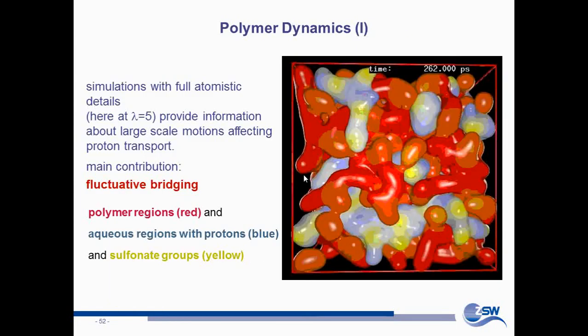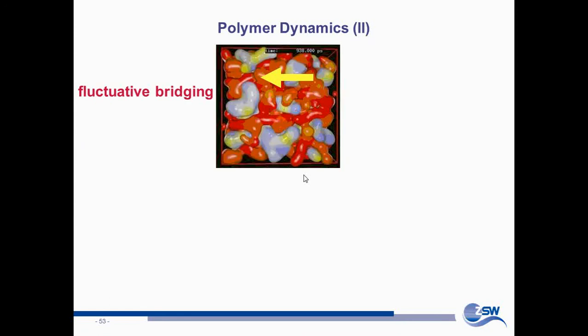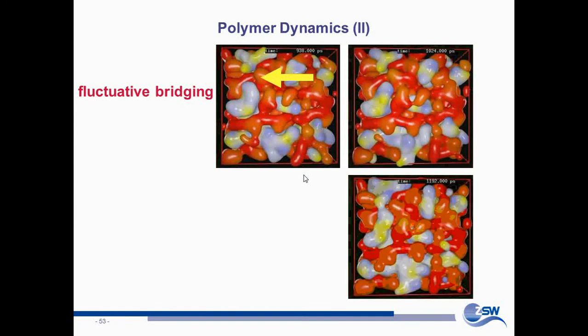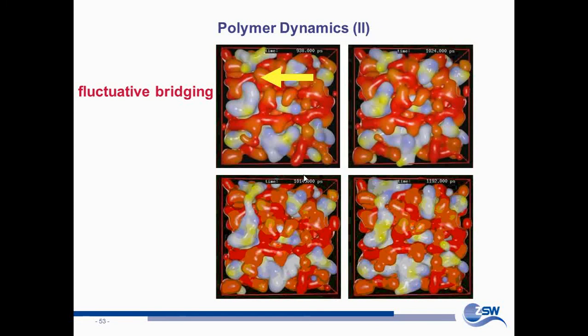And you can do some polymer dynamic simulations where, if you look at this part in a temporal evolution, you see that water somehow bridges from here to there, a gap in the overall nanoporous structure of such a polymer.